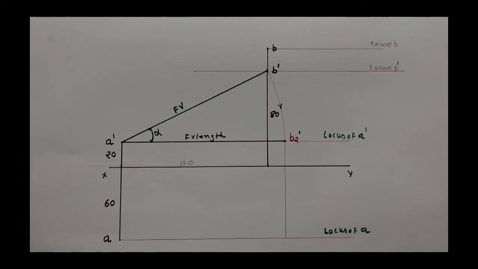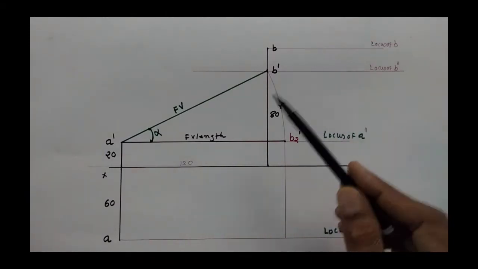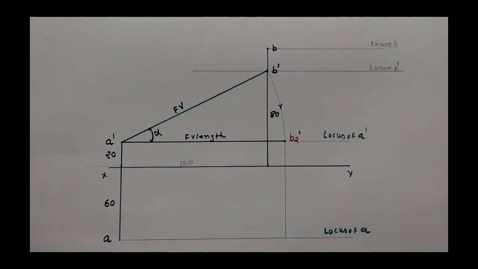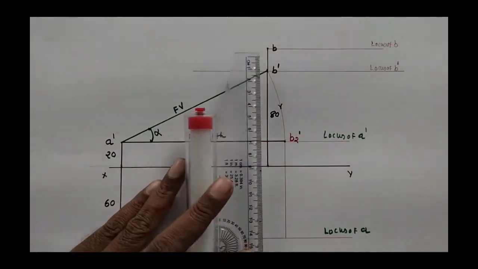Now understand here, the front view length is parallel to the XY line, and its top view AB2 is a line inclined to VP with true length.